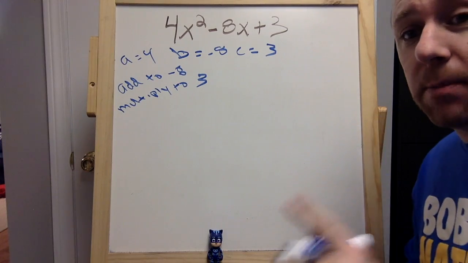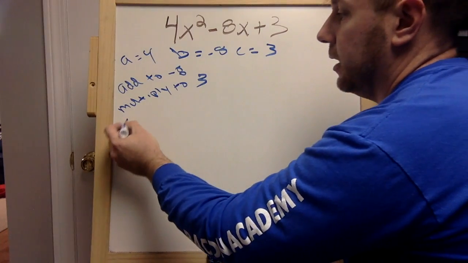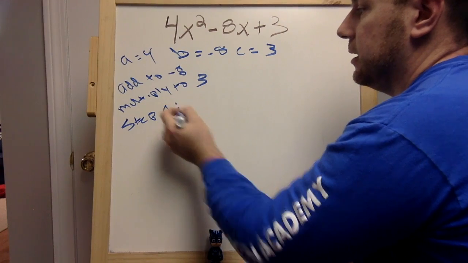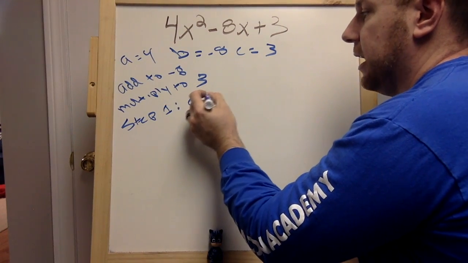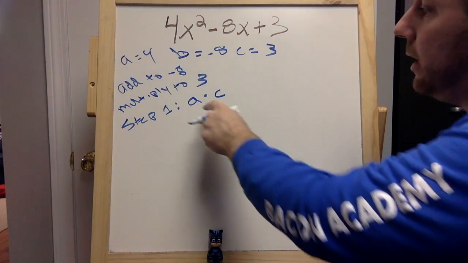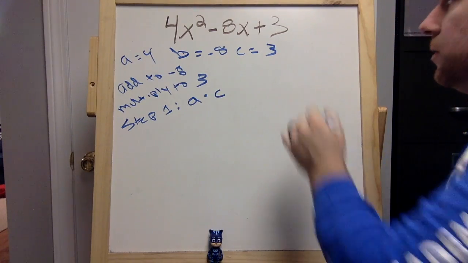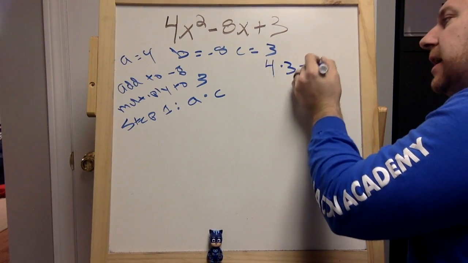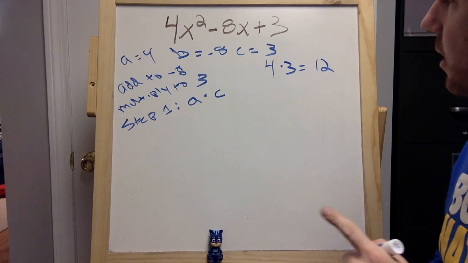So the first step that we do with this, step 1, is to do A times C. So we multiply A times C. That's going to be 4 times 3, that's 12. All right.